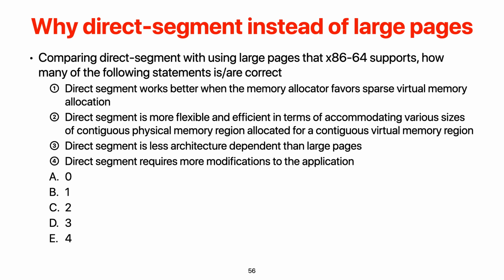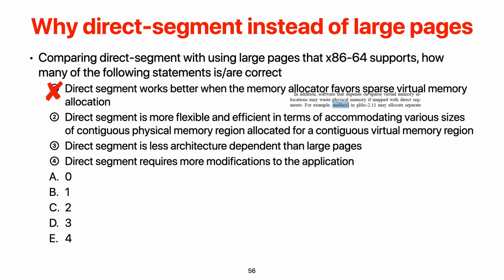So this provides a summary of why the authors embrace the idea of direct segment instead of using large pages. x86 does support large pages like we just mentioned, they support 2 megabyte huge pages. However, direct segment works better when the allocator favors consecutive virtual memory allocation.